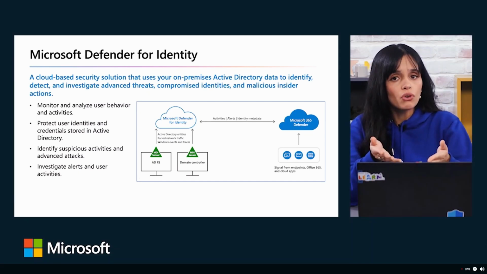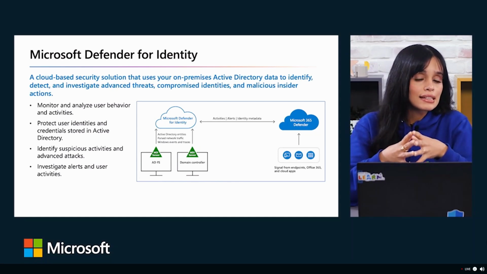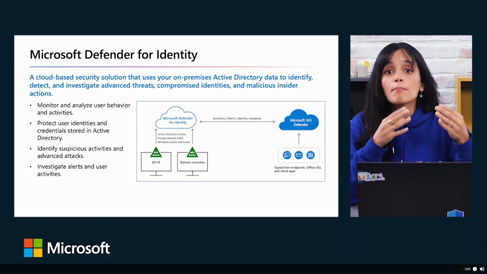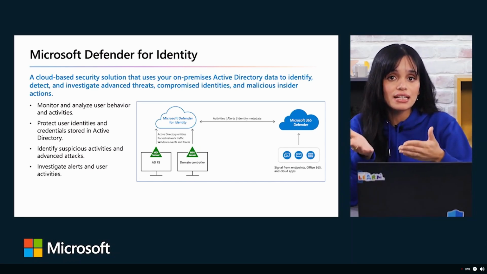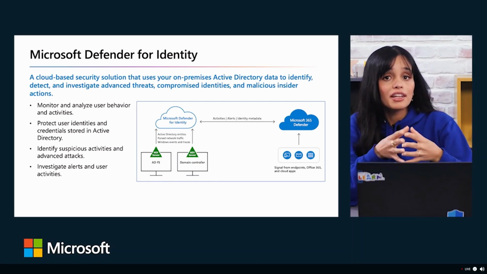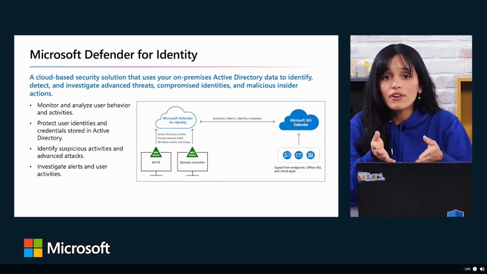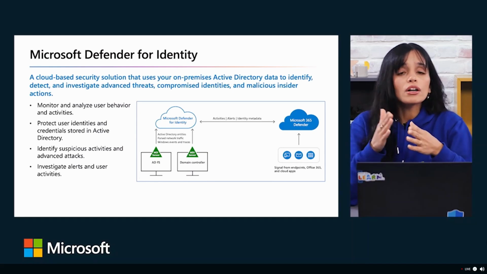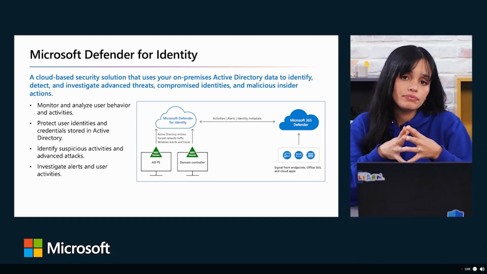Through security reports and user profile analytics, Defender for Identity helps reduce your organizational attack surface, making it harder to compromise user credentials and advance an attack. In addition, Defender for Identity identifies suspicious activities and advanced attacks across the cyber attack kill chain, from reconnaissance, compromised credentials, and lateral movement.